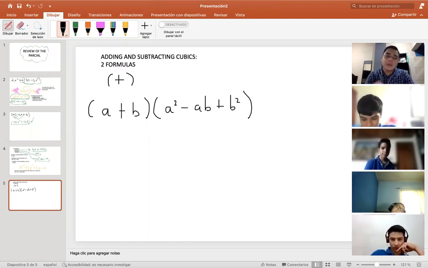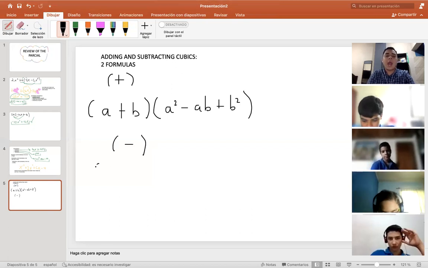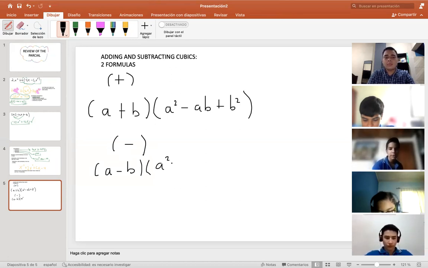Yes. And who can give me the formula when we are subtracting? A minus B, open parenthesis, A squared plus A times B plus B squared, and close parenthesis.